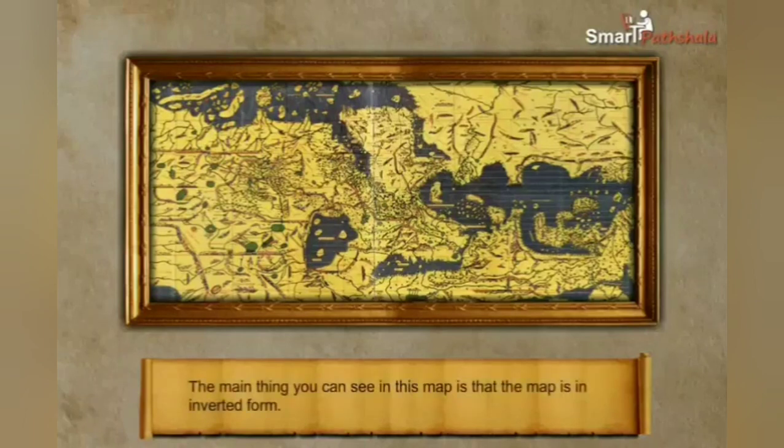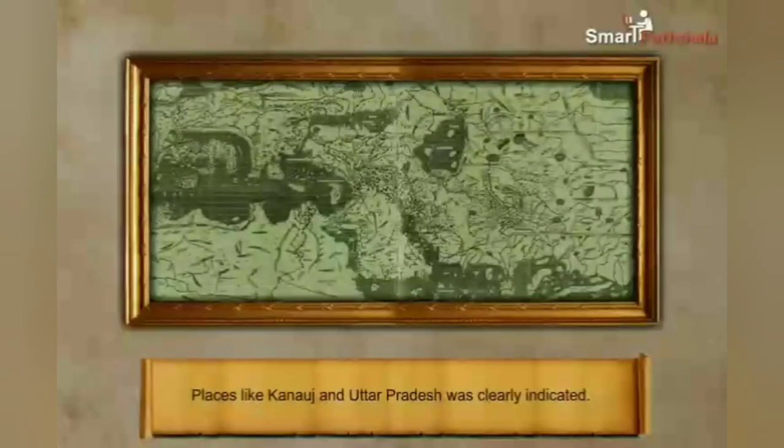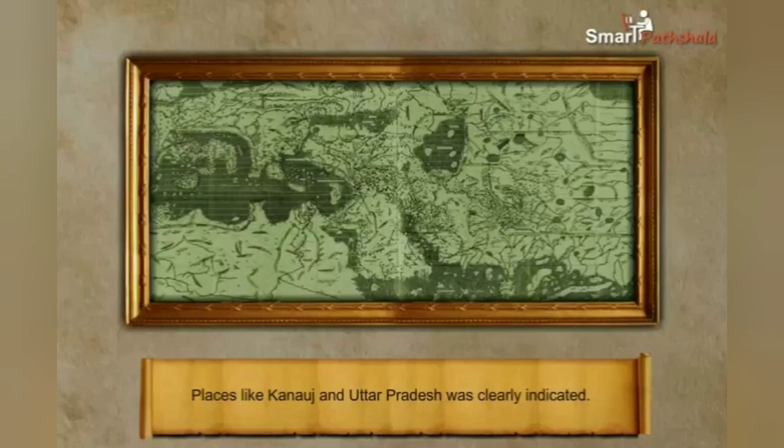The main thing you can see in this map is that the map is inverted, that is, the place we know as South India is on the upper side and also Sri Lanka is on the upper side of the map. In his map, places like Kannauj and Uttar Pradesh were clearly indicated as these were fruitful for travelers and traders both.